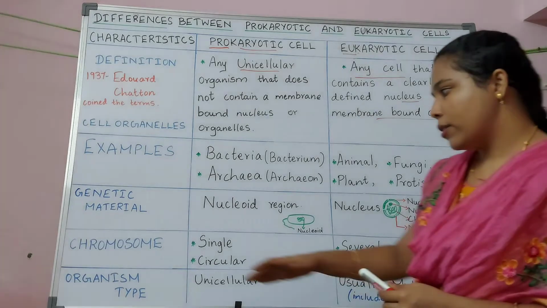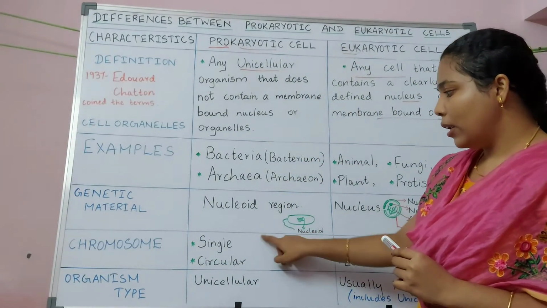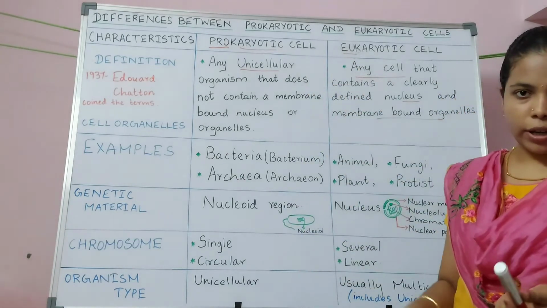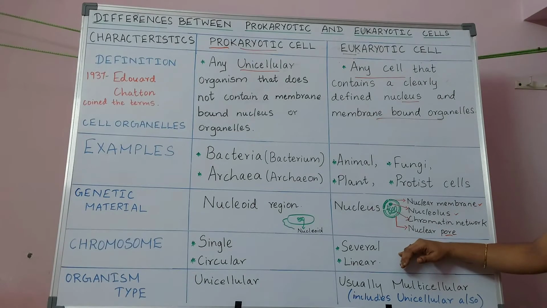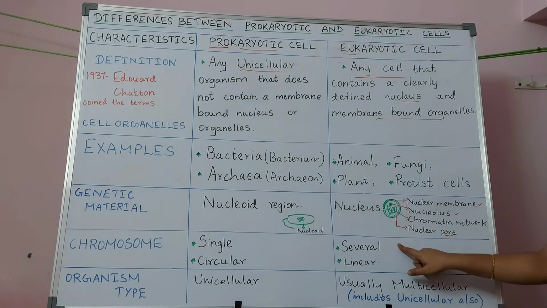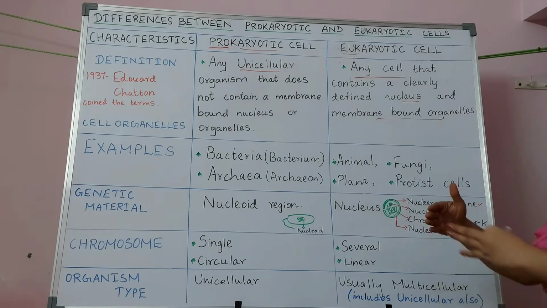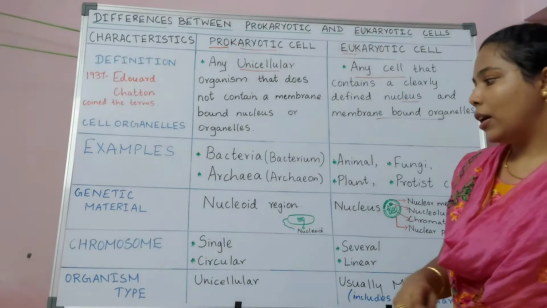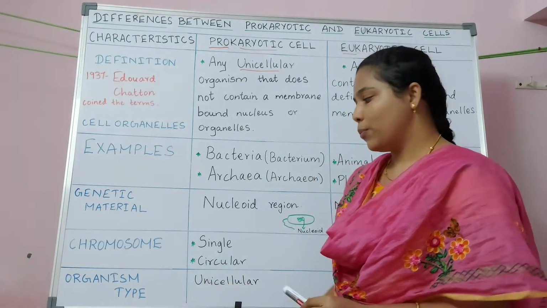The next point is about chromosomes. Chromosomes are single and circular in case of prokaryotic cell. In case of a eukaryotic cell, we have more than one chromosome. So it is several in number and it is a linear chromosome. It is not circular, it is just a linear one. The next one is organism type.